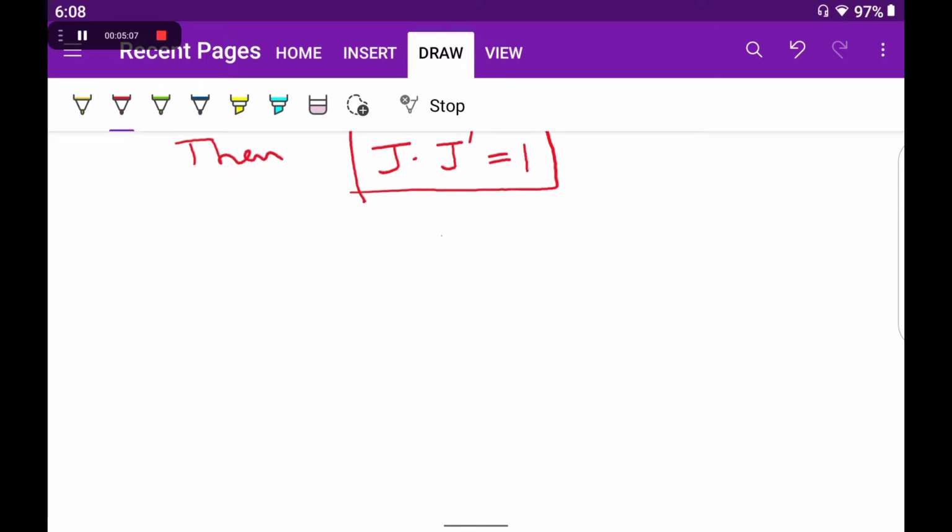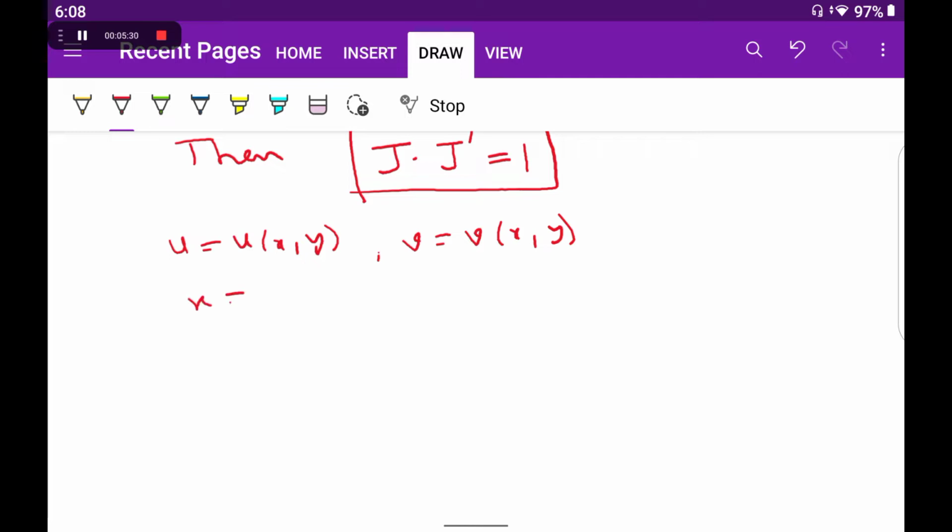You have another property of Jacobians. u is a function of x, y, v is a function of x, y, and x and y are functions of r and s.